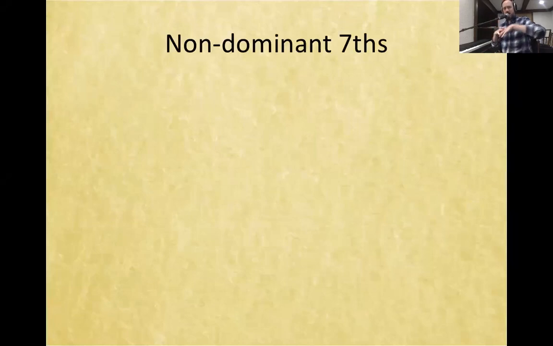All right. So broadly speaking, we can extend the 7th chord party into the wider world in a topic that sometimes gets called non-dominant sevenths, meaning 7th chords that are not a dominant 7th chord. Really, we just mean we're moving it outwards.